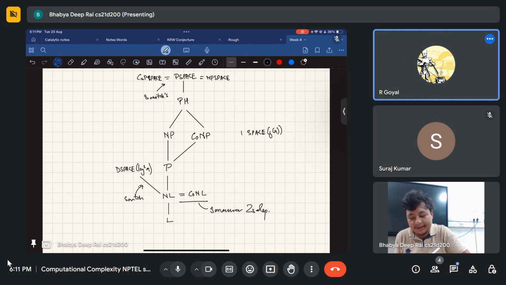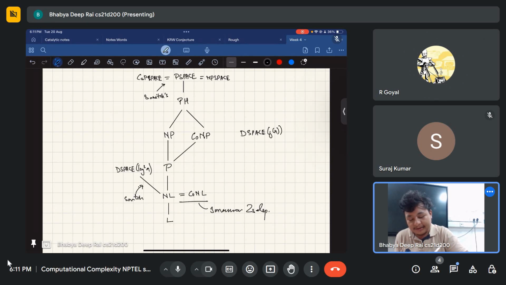Exactly. So DSPACE(f(n)) is contained in DTIME(2^f(n)), right? Yes.